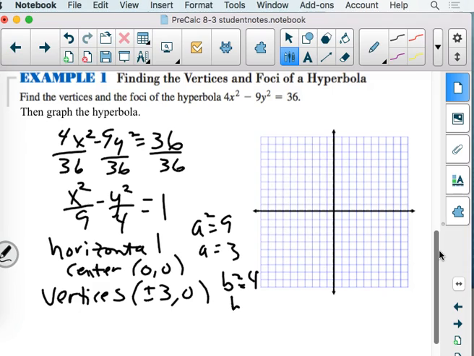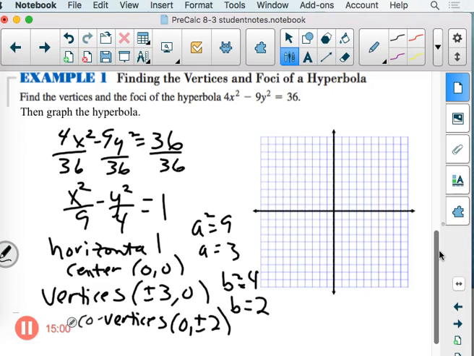So B is 2. Does that go horizontally? No, that's our up and down. So, again, I'm going to call them covertices, just so we remember that as we're going through all of this. That's going to be 0, up 2, and down 2, so 0 plus or minus 2. Right, they wanted the vertices.